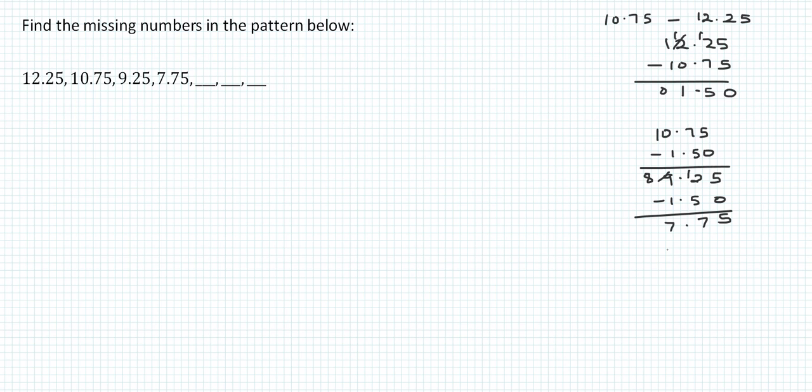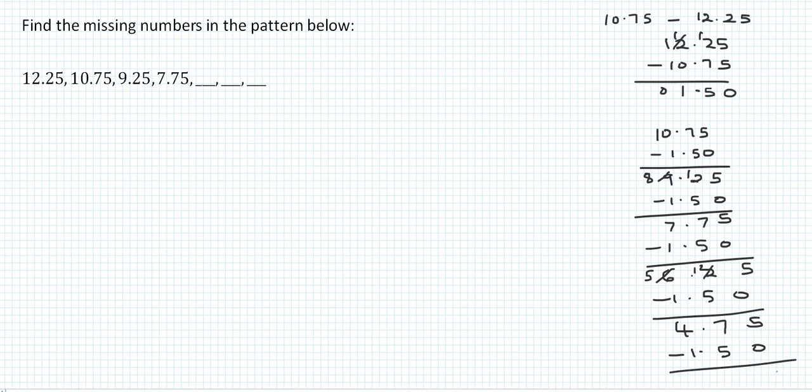This is 7.75 minus 1.50, we have 6.25. 6.25 minus 1.50, we have 4.75. 4.75 minus 1.50, we have 3.25. So now we're left with 6.25, 4.75, and then 3.25.